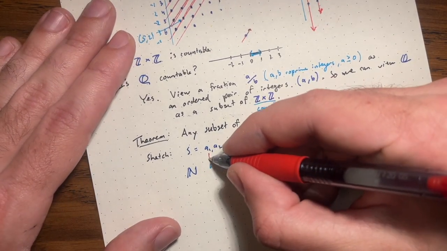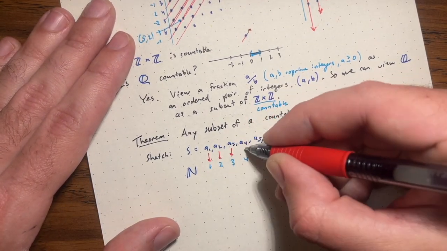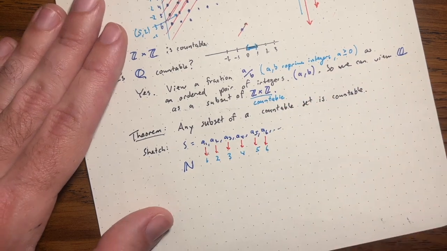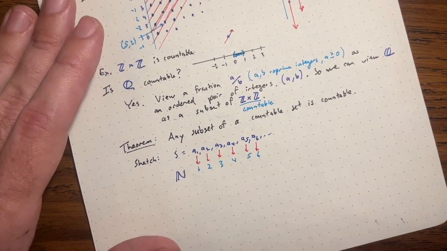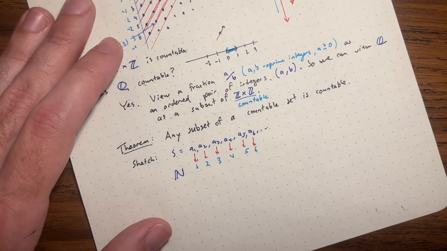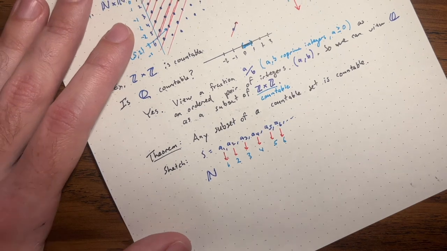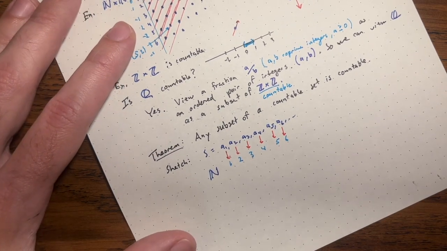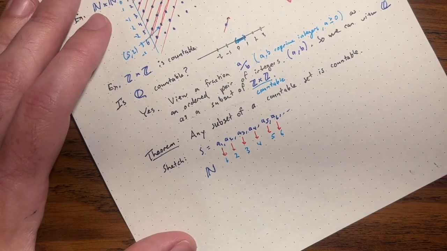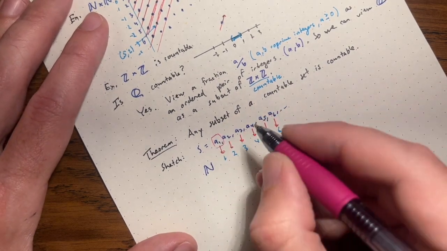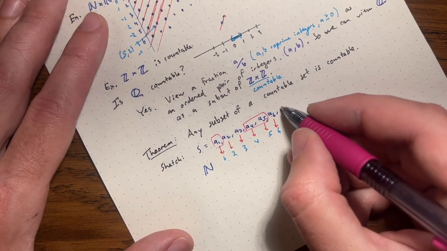So let's do it this way this time. Okay, any subset of that is also going to be countable. Why is that? Well, let's take a subset. So let's take this one and maybe these two and so on.